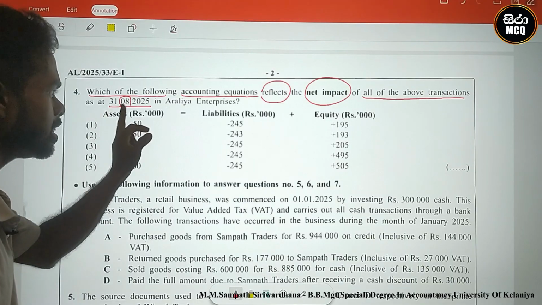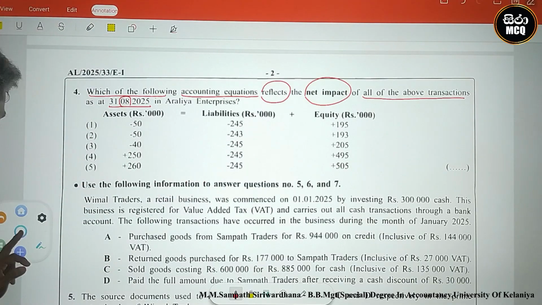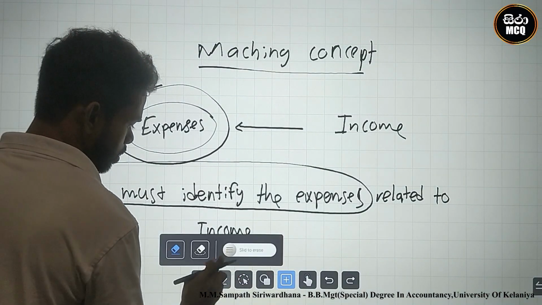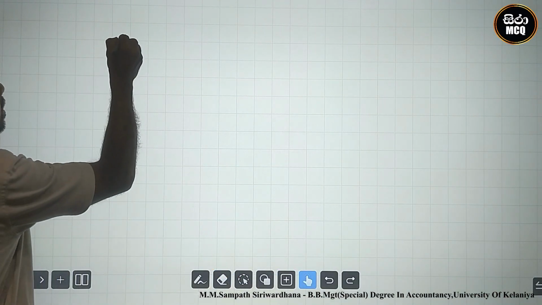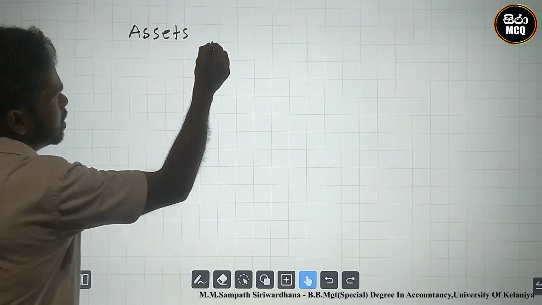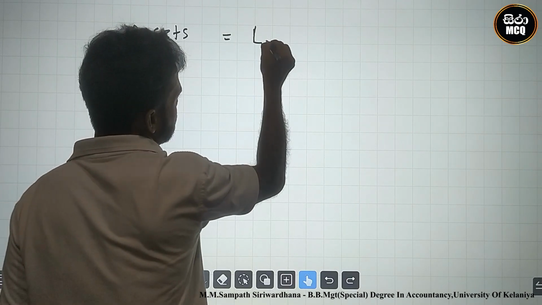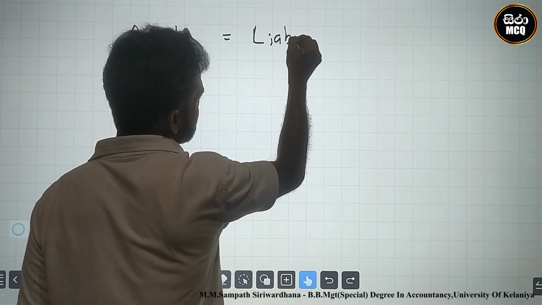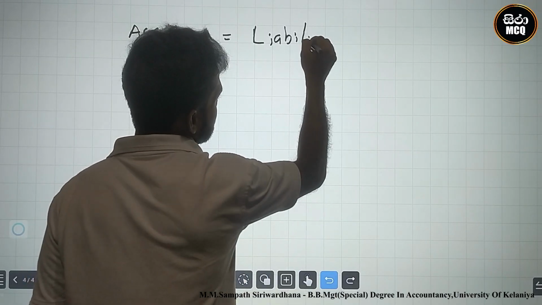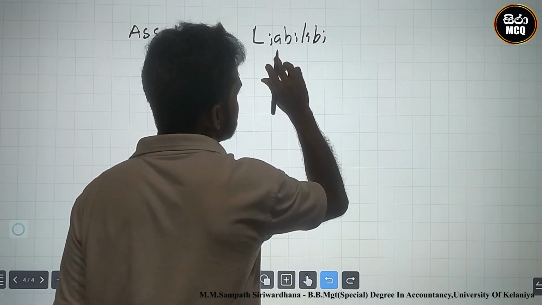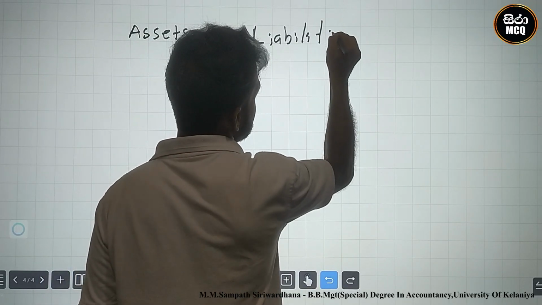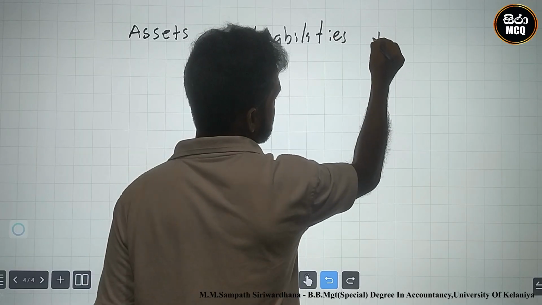What is the equation? Assets, liability, equity. Assets equal liabilities plus equity.